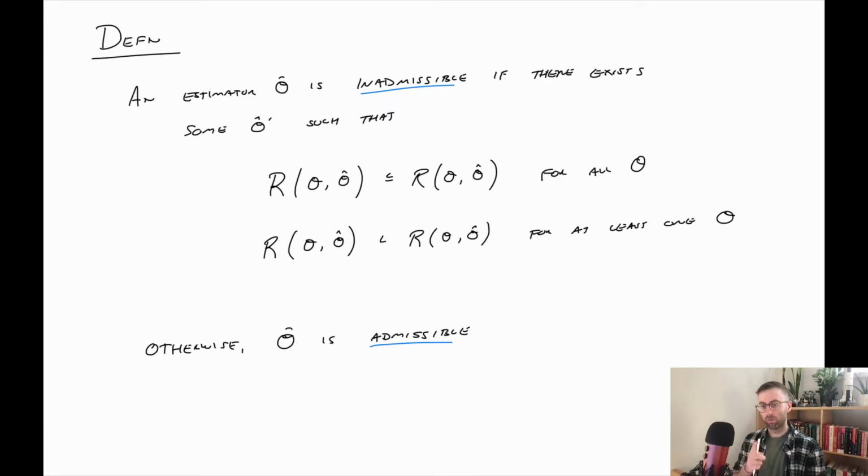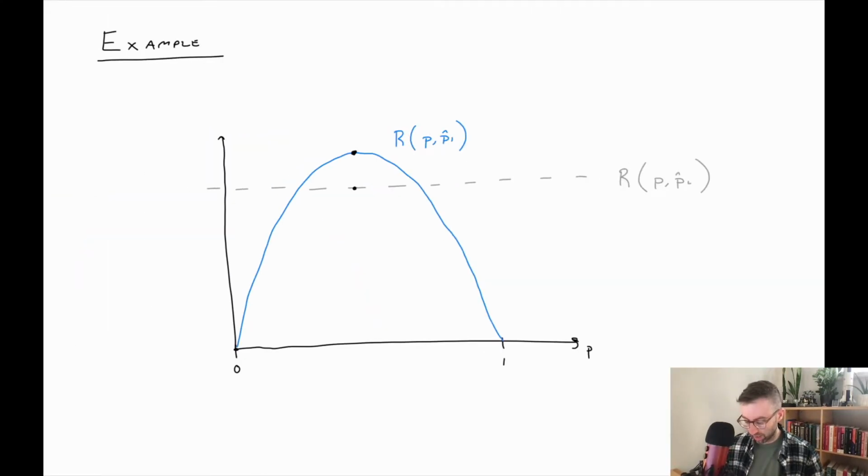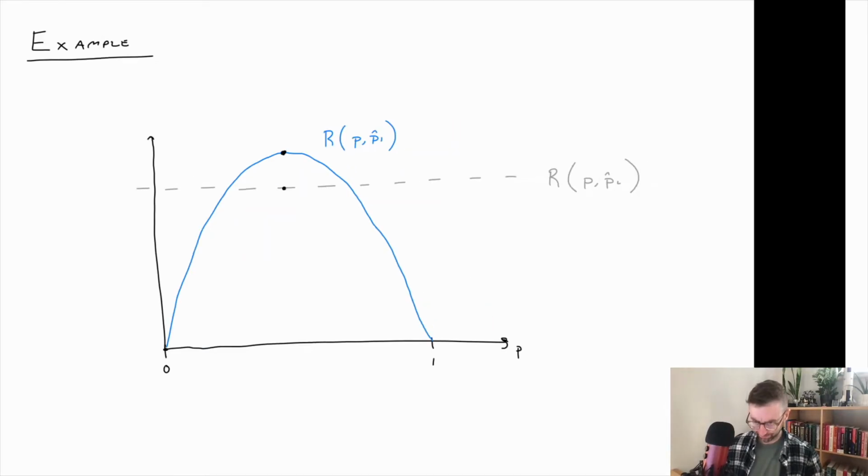One more quick definition and then an interesting result. A lot of times what we really want to avoid is using a bad estimator. And a bad estimator is one that is basically uniformly beaten by another estimator. If we go back here, neither of these estimators is always better than the other one, so they're both valid in some sense.